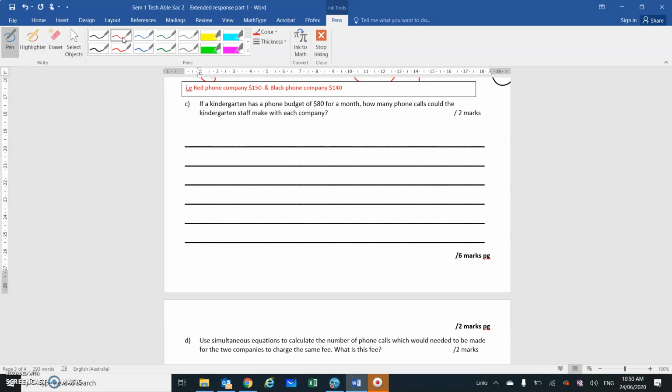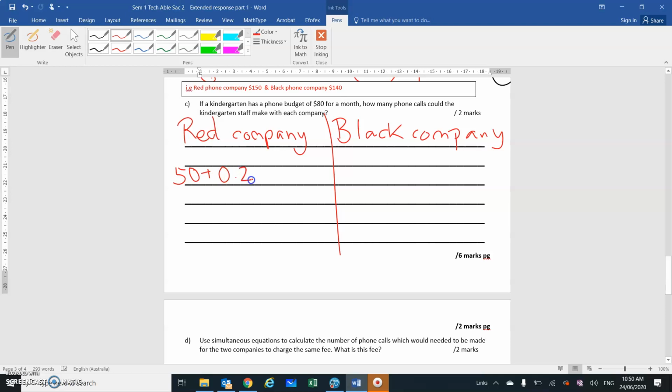For the red company, we've got 50 plus 0.25P equals $80.